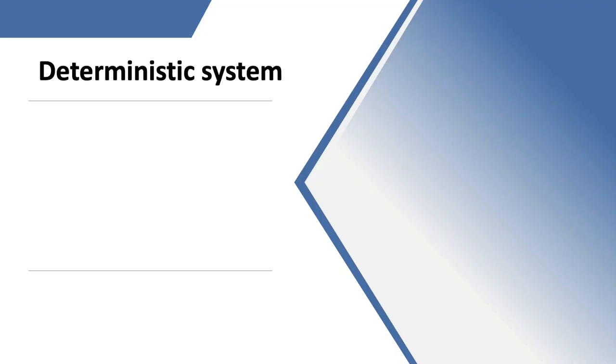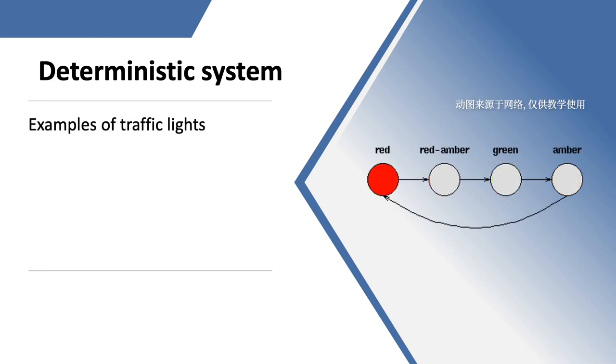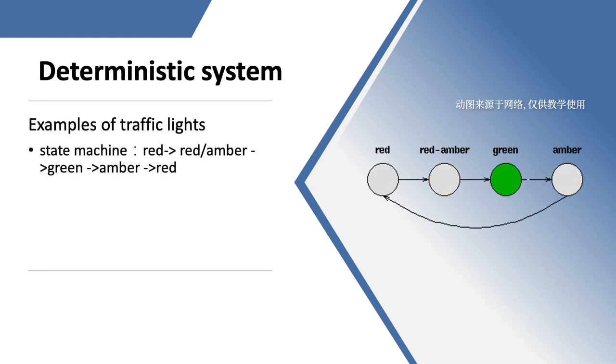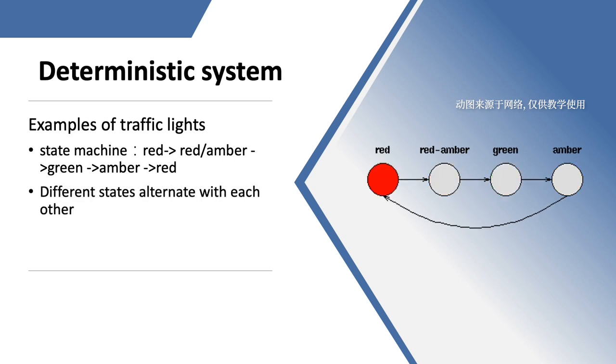In a deterministic system, here is an example of traffic lights. A sequence may be red, red-amber, green, amber, red. This sequence can be drawn as a state machine. Different states alternate with each other according to this state machine.